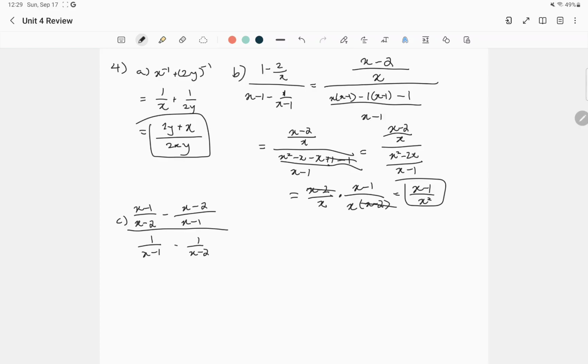All right, so let's find some common denominators now. We are going to make this x minus 2 times x minus 1. On top is going to be x minus 1 squared minus x minus 2 squared. Bottom is going to be x minus 2 minus x plus 1.